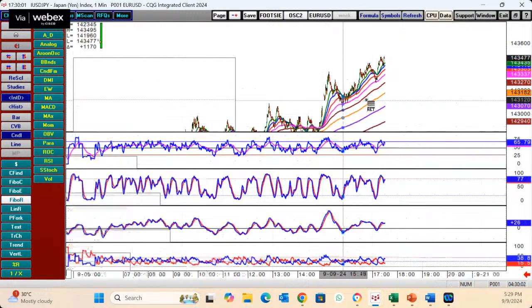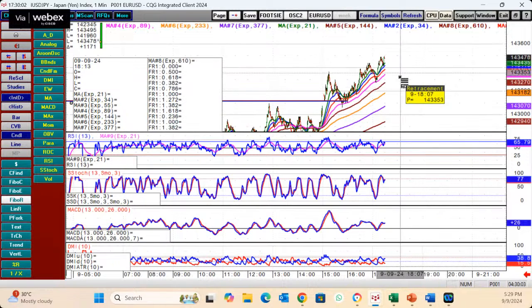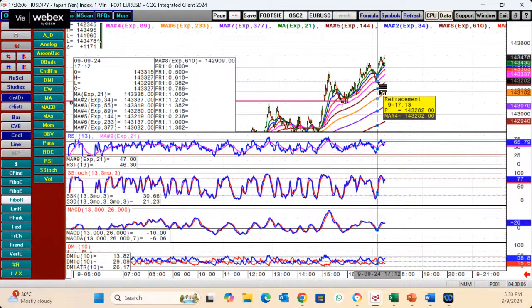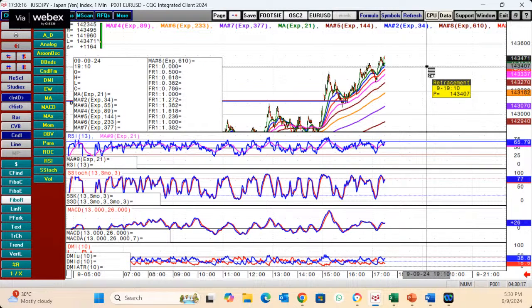These are my two entry levels, depending on my comfort zone and comfort trading areas. So when I look at these two levels, maybe I would want to put my first entry at 143.